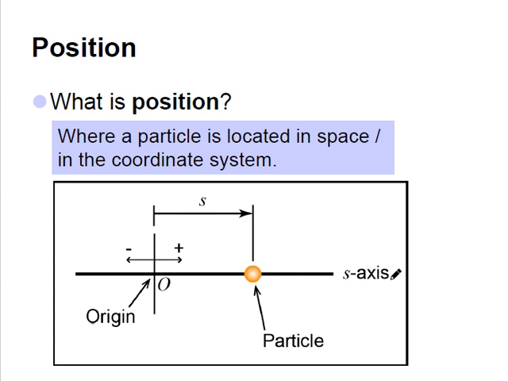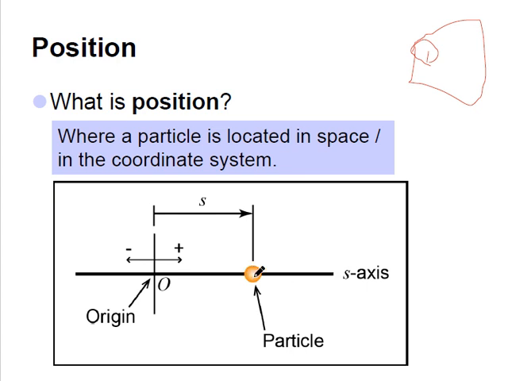Here in our example, we call it the s-axis. So think of it like dropping a pin on a map. It's going to show you exactly where your particle is on this coordinate system.